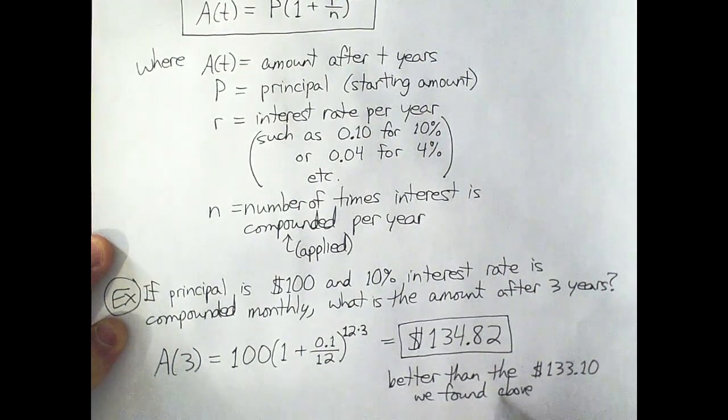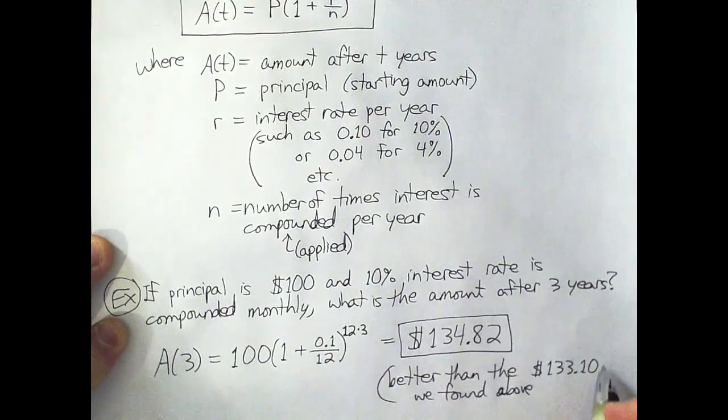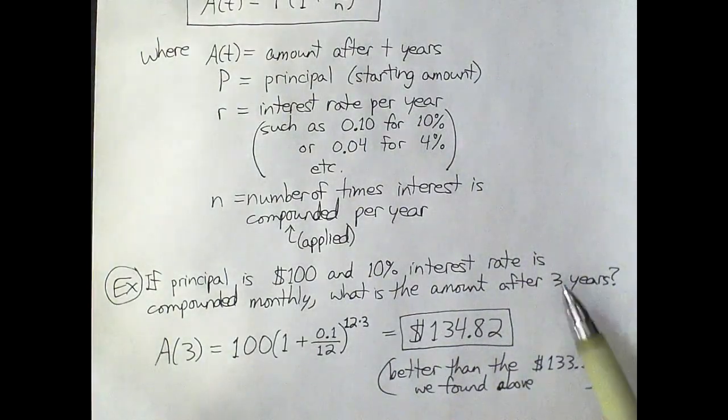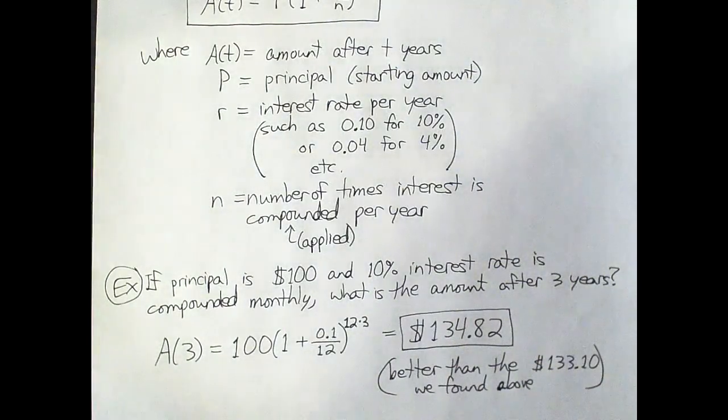You know, in that first example where we started with $100 and we raised 10% each year, after 3 years we had 133.10. But now after 3 years we have 134.82. So why is this getting us more money? What's different? Well, the only thing that's different is that now the interest is being compounded monthly instead of once per year.